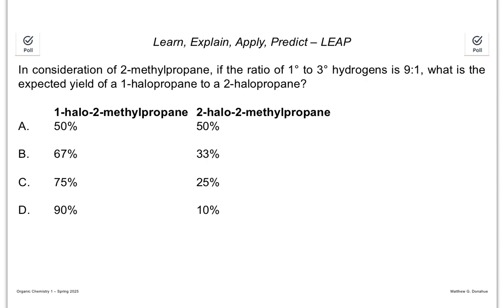And so that's telling us we would expect, I'm just going to use X for the halogen, the 1 versus 2, we would expect 90% of that to 10% of the tertiary.